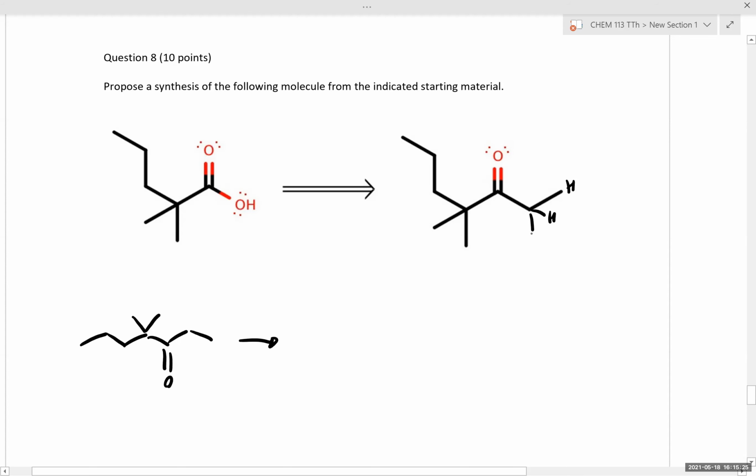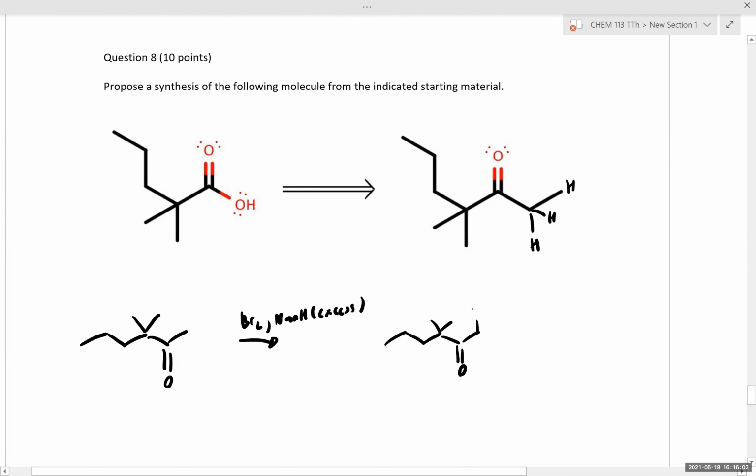And this should be a methyl ketone, just for correction. What is a generic way to convert a methyl ketone into a carboxylic acid? What named reaction did we talk about? The haloform reaction, right? So if we treat with bromine and sodium hydroxide in excess, we can fully brominate the alpha position of our methyl ketone.